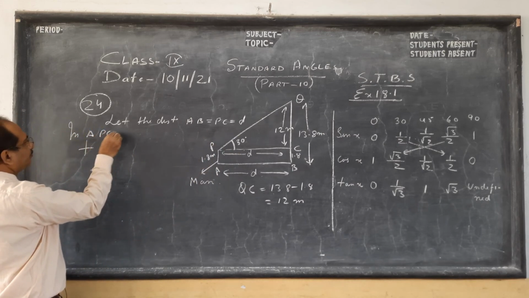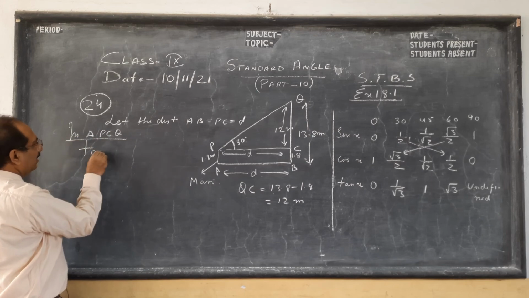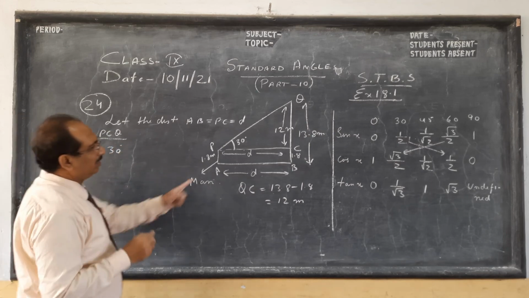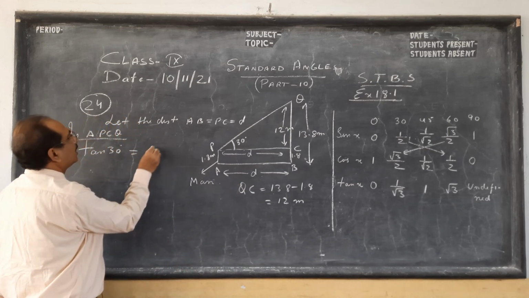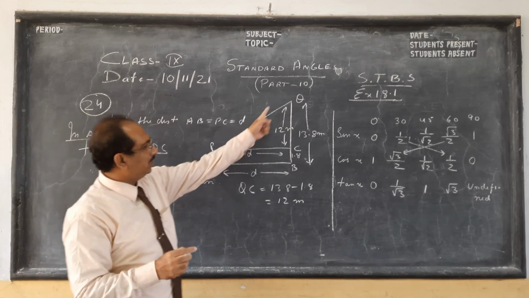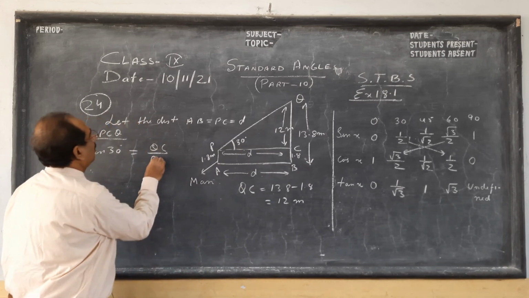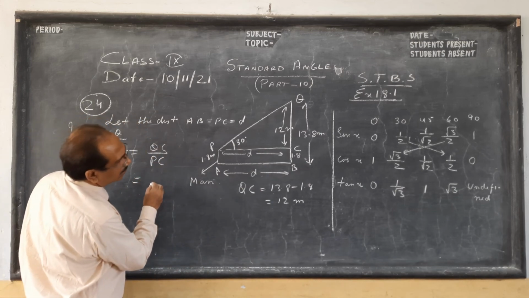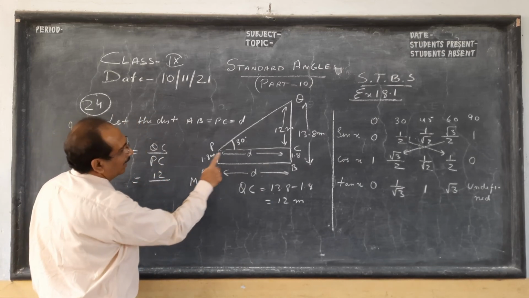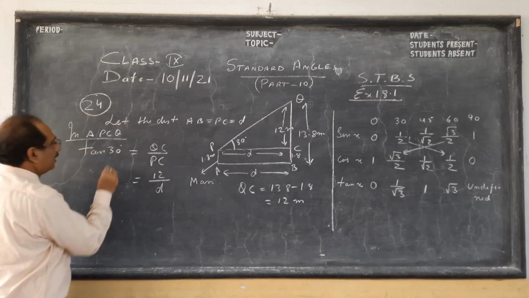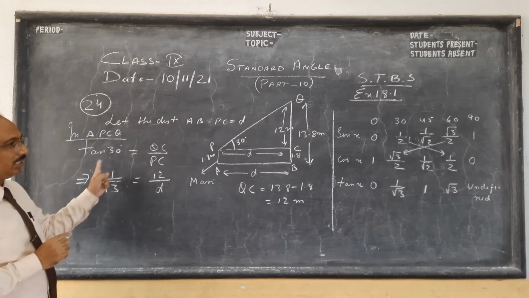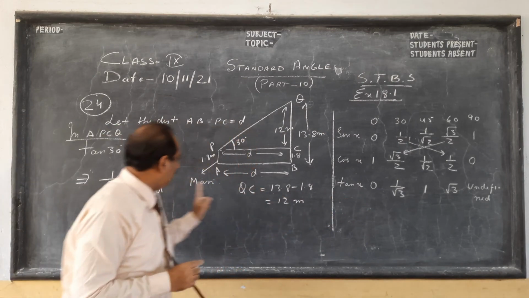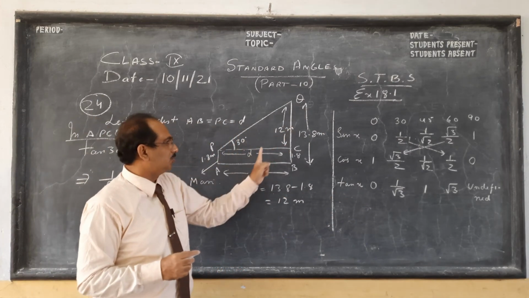Now we come to triangle PCQ. Tan of 30 degree, tan of this is this by this. So tan of 30 is QC by PC. My QC is 12 and PC is D, and tan 30 is 1 by root 3. See, a lot of things I have done here. Tan 30 is 1 by root 3, this ratio is 1 to root 3.